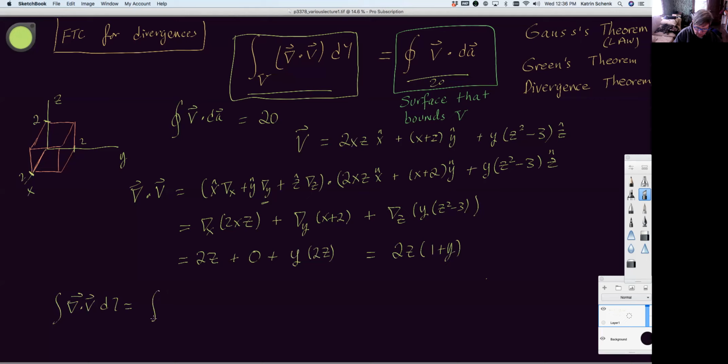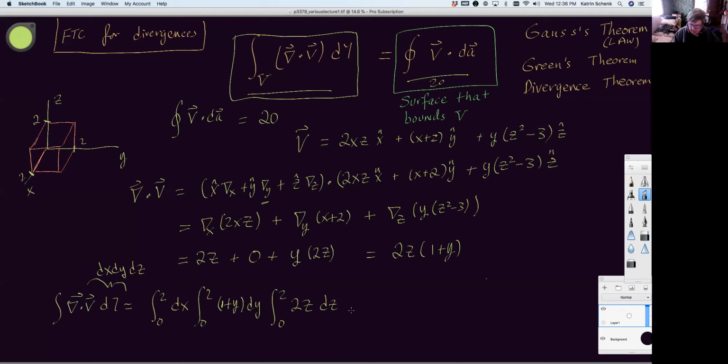So we have the integral 0 to 2 dx. And since there's no x's, that'll just be by itself. And then there'll be the integral of 0 to 2 of 1 plus y dy, and then the integral 0 to 2 of 2z dz, because d tau is dx dy dz.